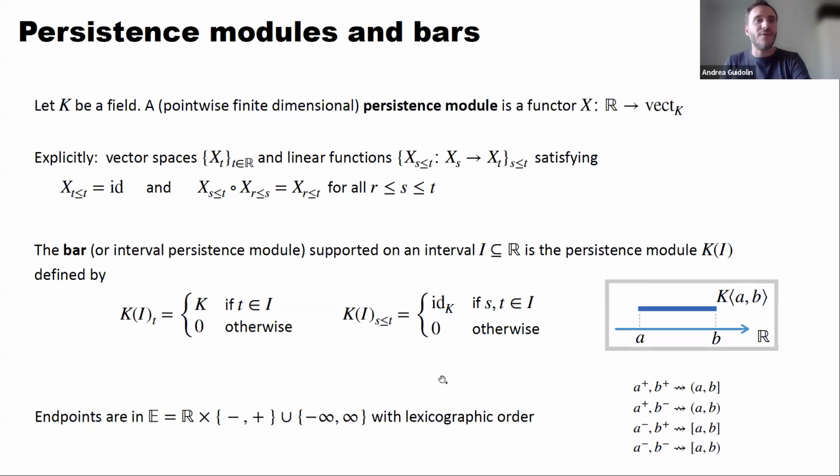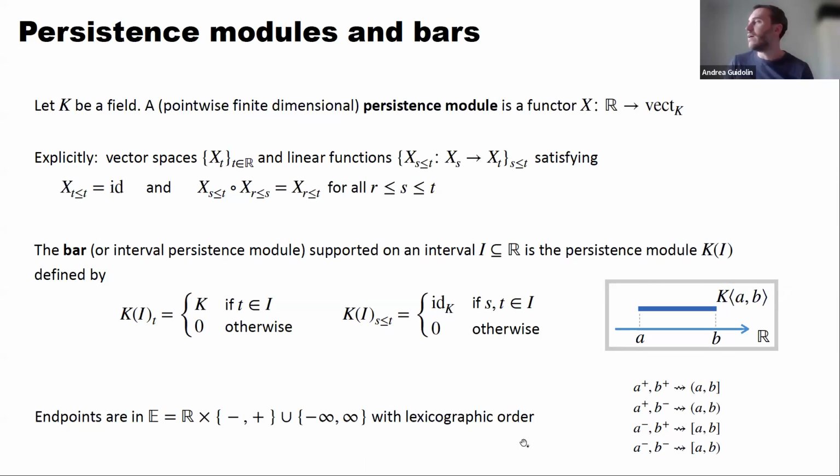There is, however, a possibility of considering bars with endpoints that are decorated, which is what I'm doing here. So the endpoints will be real numbers decorated with minus or plus, and we endow this set with the lexicographic order. We also add a minimum minus infinity and a maximum infinity.